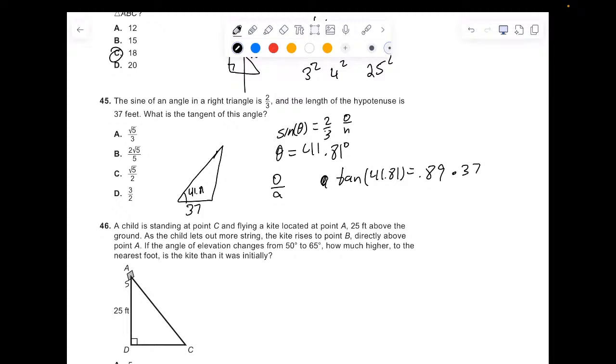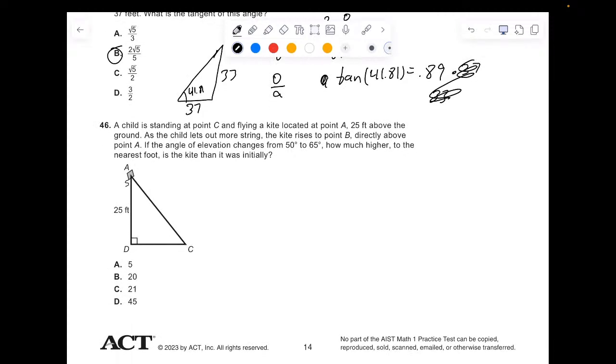Whoa, what just happened? 41.81 tangent times 37 is about 33. And let's see, does anything give us anything close to that? Square root of 5 times 2 divided by 5. Oh, whoops, I actually don't need this. It is this.